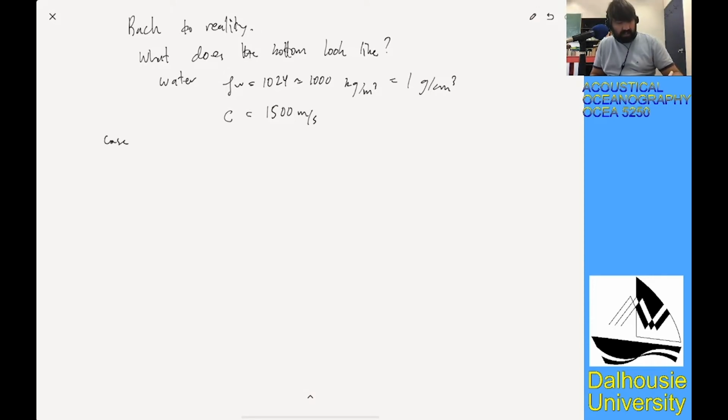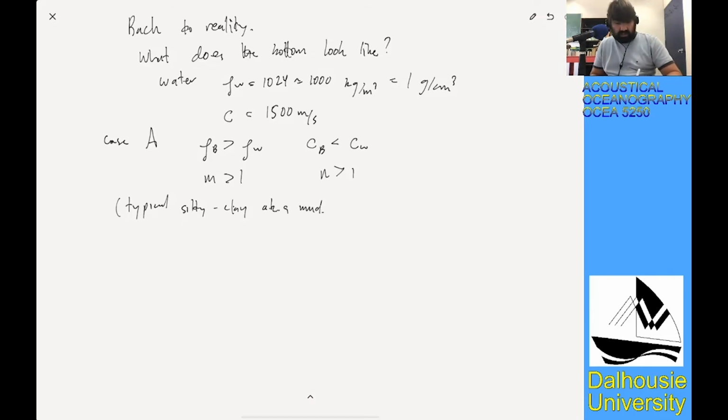Fluid type bottoms. I'm not going to say case, I'm going to say case A. Case A: the density in the bottom is greater than the density in the water column, and the sound speed in the bottom is less than the sound speed in the water. That translates to M greater than 1, N greater than 1. And in parentheses, typical silty clay, aka mud.